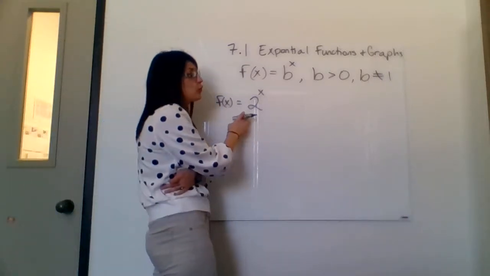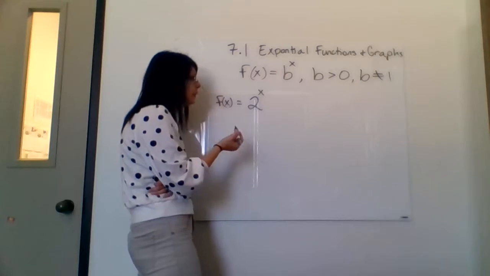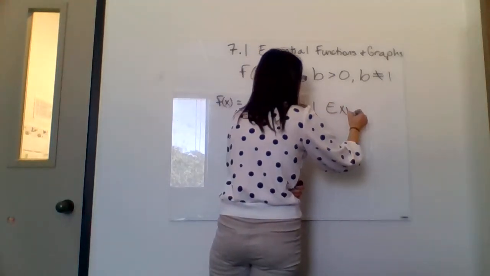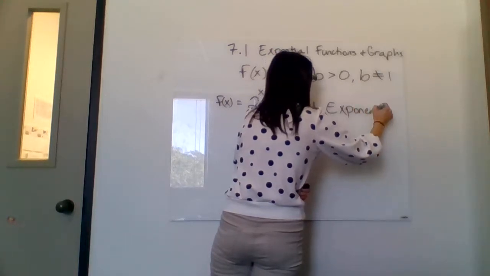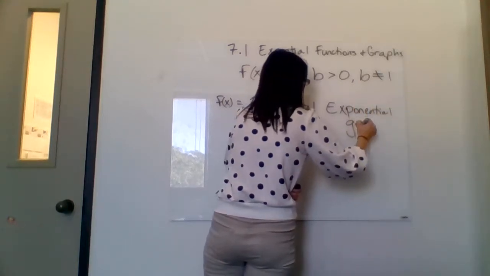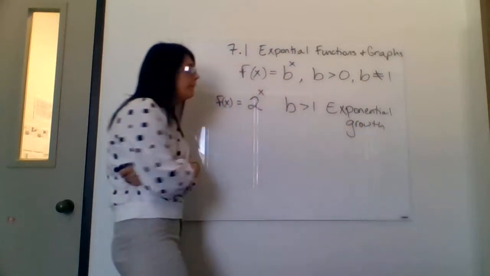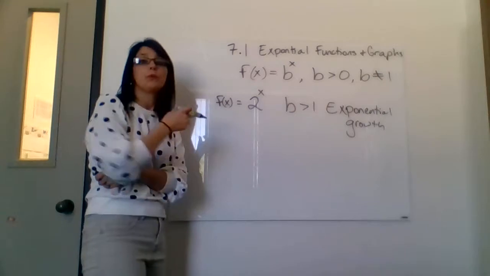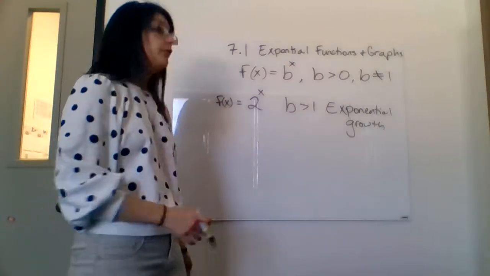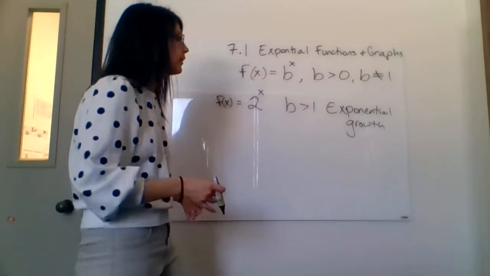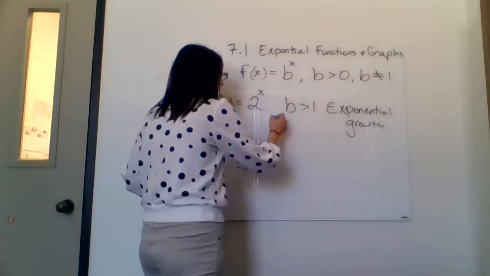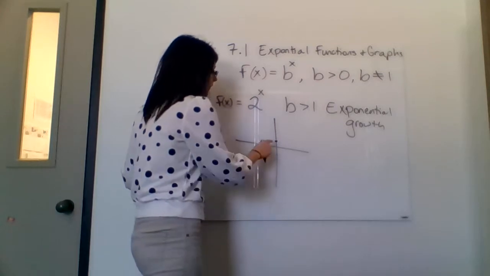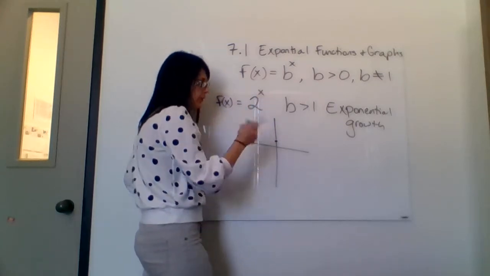When our base is greater than 1, so if b is greater than 1, we call it exponential growth. And we can see that from the graph. So again, if your base is bigger than 1, even just 1.1 or 50 million, any of those fall into the category of exponential growth. And you see by their graphs, if I plug in 0, anything to the 0th power is 1.